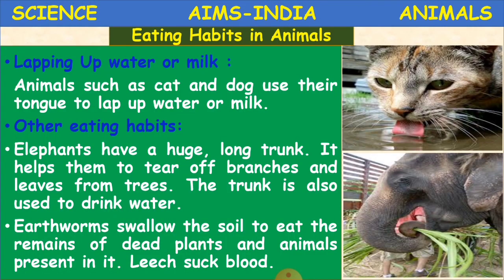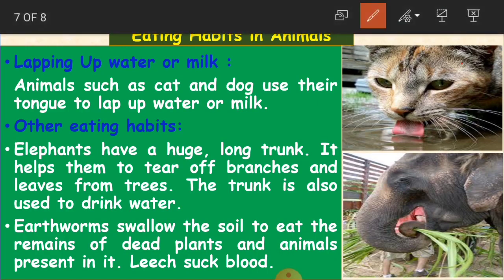And now some animals, like our domestic animals, cat, dog and all that, how do they take water or milk? They lap it up. In the sense they lick the water or milk with their tongue. Can you see here in the picture? And what about the elephant here?